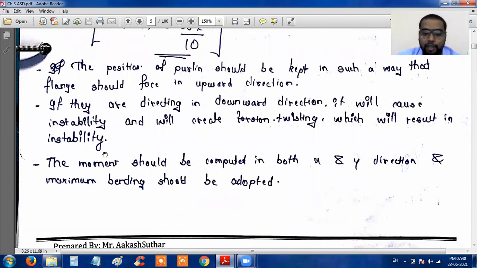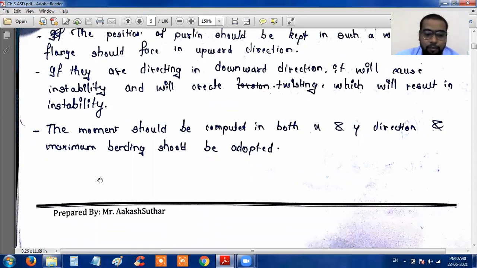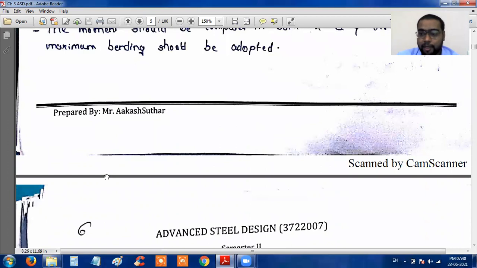The moment should be computed in both the z and y directions. The maximum bending moment should be adopted, and we will design the purlin from that moment.